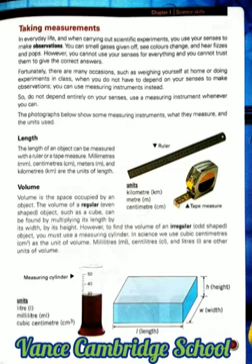Students, at the end of this page, you see there is a diagram of measuring cylinders. And its units are liter, milliliter, and cubic centimeter. We will measure an irregular object in a measuring cylinder. Look at the picture given here beside the measuring cylinder.